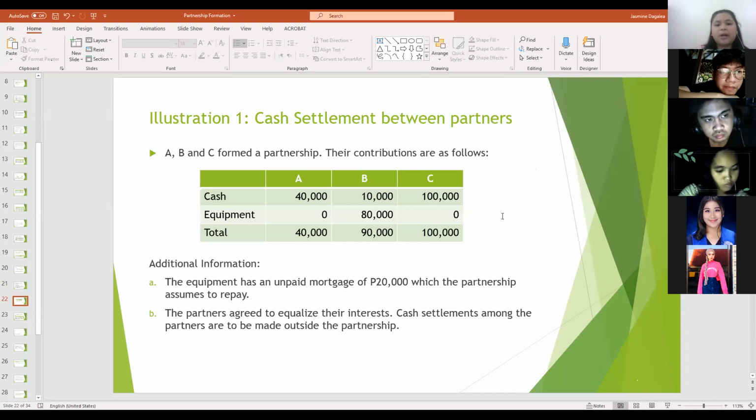Yun yung minimean sa problem. Yan. So, how do you equalize their contributions? So, ang una, gagawin nyo muna, compute how much is the total fair value of the total contribution. So, how much? 40 plus 90 plus 100.